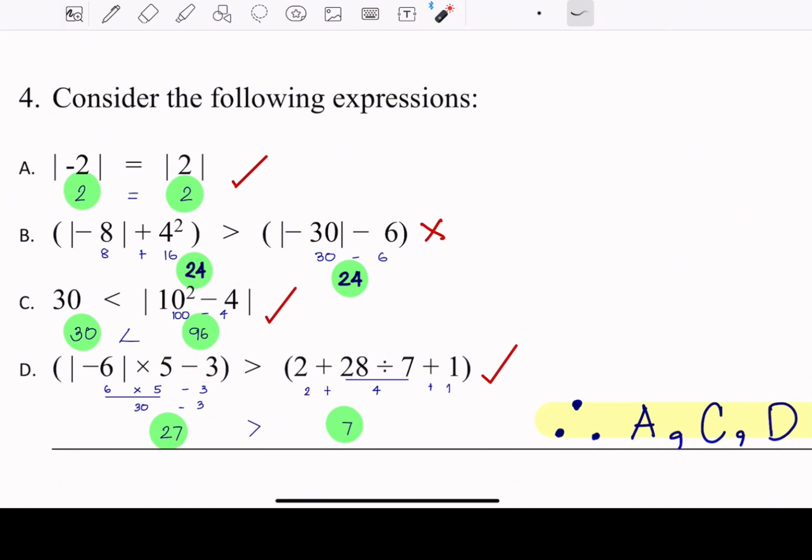Next is this number first. 28 divided by 7 is 4. Then 4 plus 2 plus 1 is 7. 27 is greater than 7 is true. Therefore, the answer is A, C, and D.